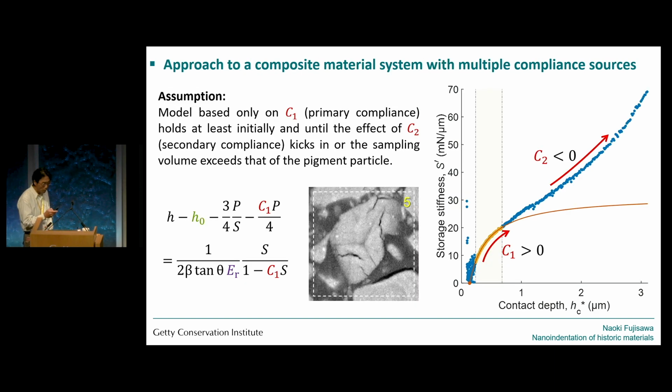So although this model takes only one compliance term, we can assume that this model describes the system until you go deep enough that you are triggering the effect of the secondary compliance.